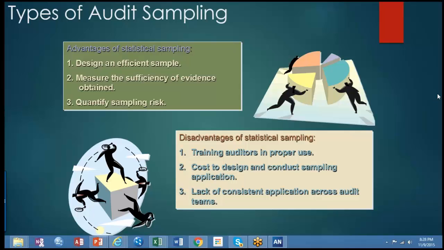Now, when we're looking at some disadvantages of statistical sampling, there clearly does need to be training involved, primarily to understand the population. There's a cost in terms of developing the sample, and it's very possible that there might be a lack of consistency across the audit teams in terms of how they actually pick the sample.